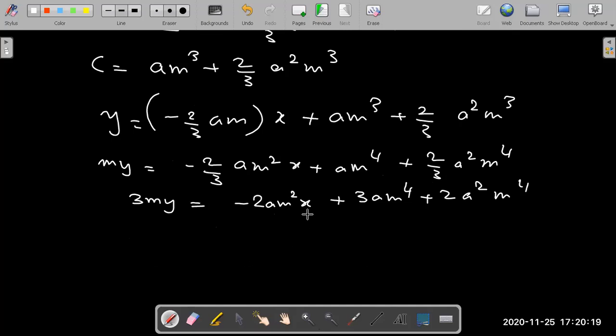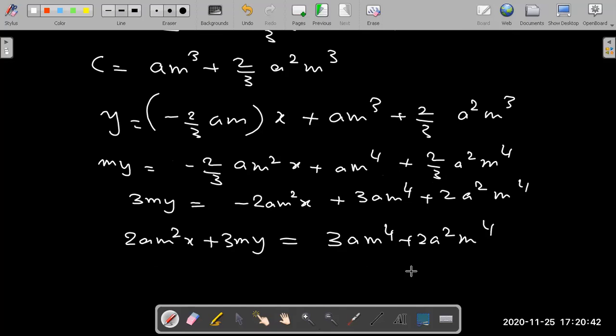Then I get 2am squared x plus 3my, and that's equal to 3am to the power of 4 plus 2a squared m to the power of 4. And then we have 2am squared, 2x plus am squared is everywhere. No. We have not got the answer, so we'll have to check a little bit.